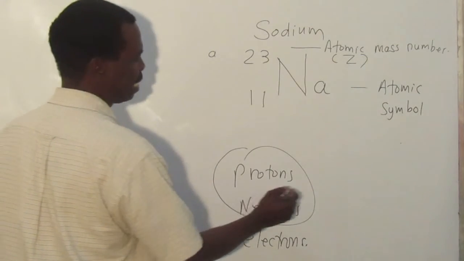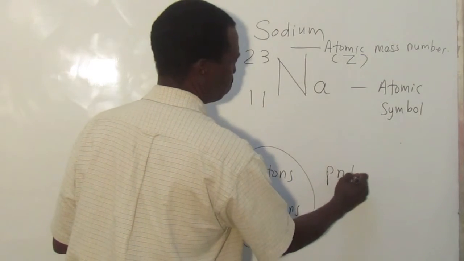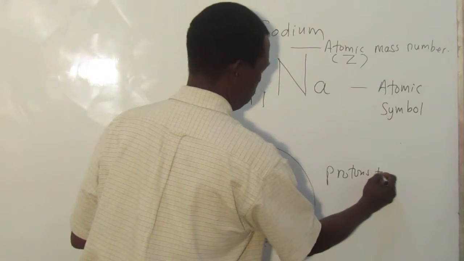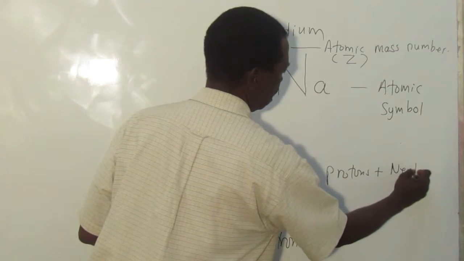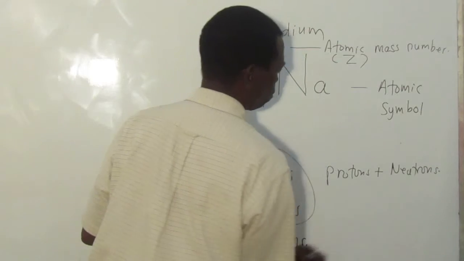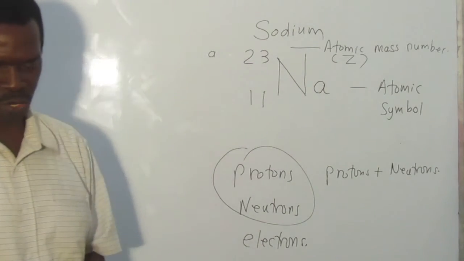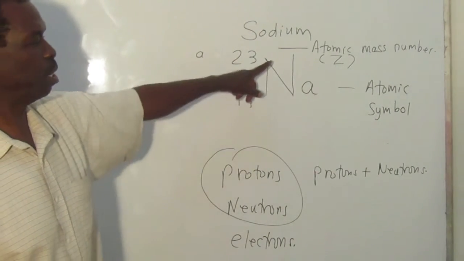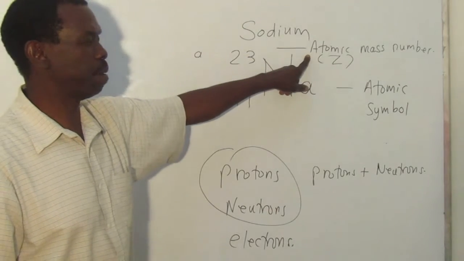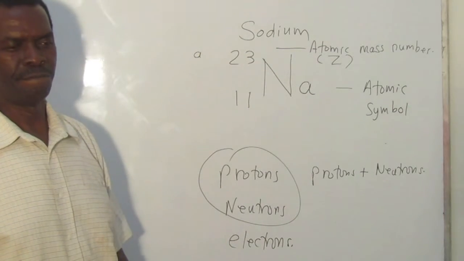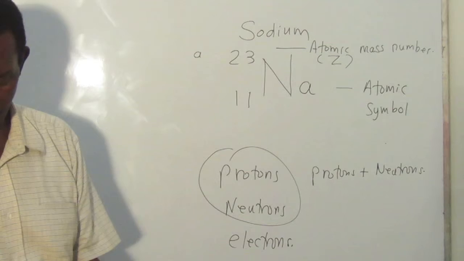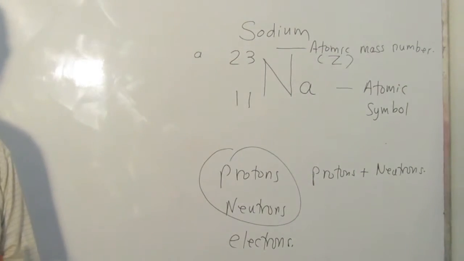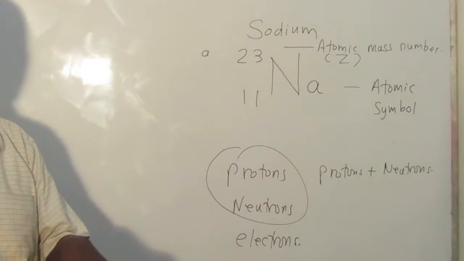So if I add the protons plus the neutrons, whatever number I get, that's what makes up the atomic mass number. In short, the mass of an atom is concentrated at the nucleus.